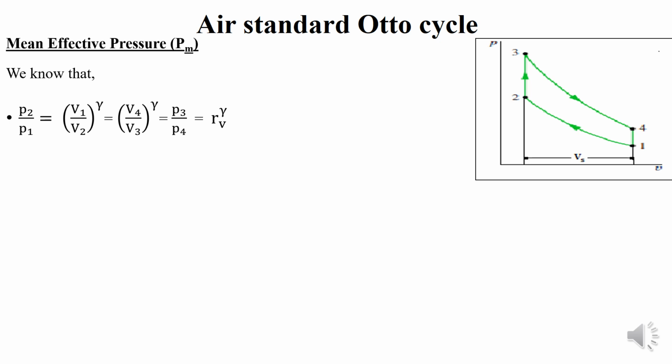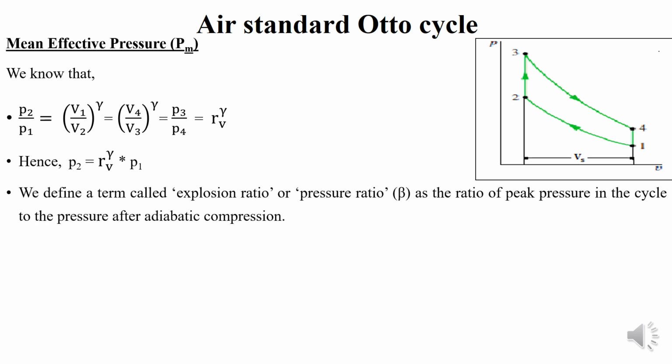And V1 by V2 is nothing but your rv. So the entire term can be replaced by rv to the power gamma. So what you will get, P2 is nothing but P1 into rv to the power gamma. Similarly, P3 also you will get in terms of rv to the power gamma. But over here we will define one term, that is explosion ratio, or other name is pressure ratio.